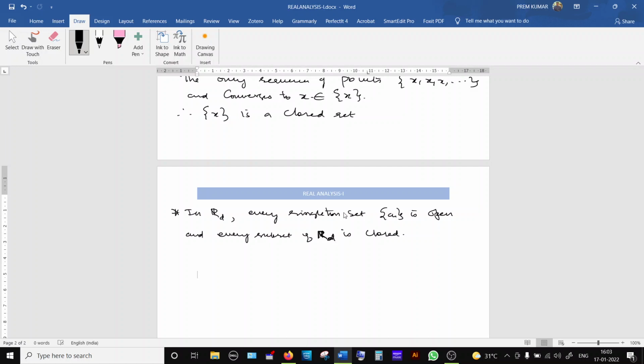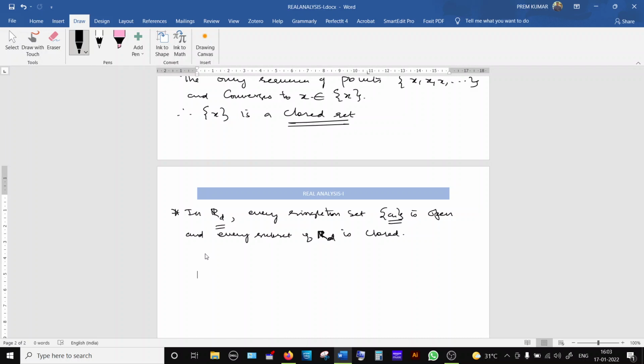Now we come to give some information regarding the closedness of this discrete metric space. Just now we proved that in any metric space singleton sets are closed, and in R^d we already proved that singleton sets are open.